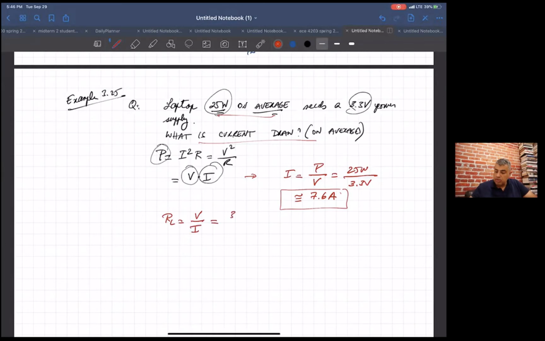So it's got 3.3 volts and the current is 7.6 amps. So R sub L looks like it's around 0.44 ohms.